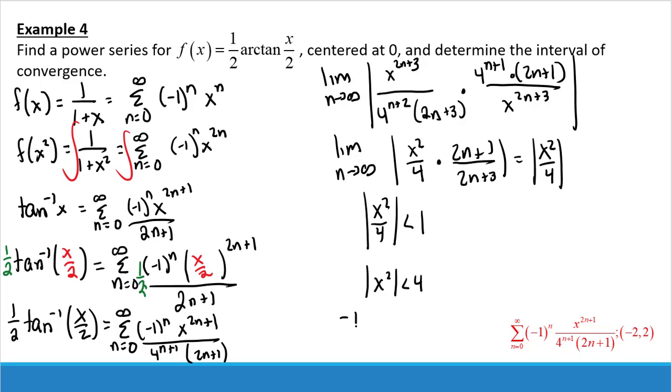When I square root both sides, we get the absolute value of x less than 2. I can't write today. I'm too focused on something else. And so that's why our interval of convergence is this. I'm not in love with some of the algebra I did there.